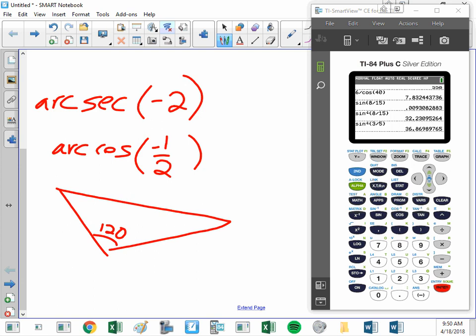So that takes you all the way through 31, and then 33 to 52 is easy. Use a calculator to evaluate each expression, give the answers in degrees, and round to 2 decimals. Okay, so you're just going to type it in. And then for 43 to 51, give the answer in radians and round to 2 decimals.